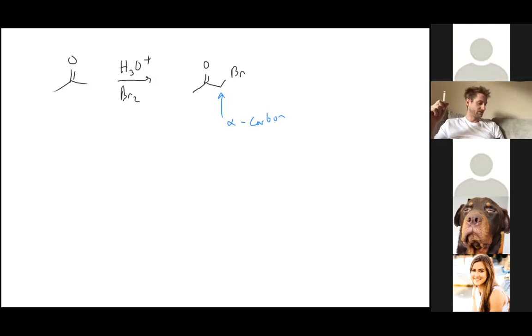So the way this works is we are going to form an enol. So we're going to pick up a proton off of our H3O plus.